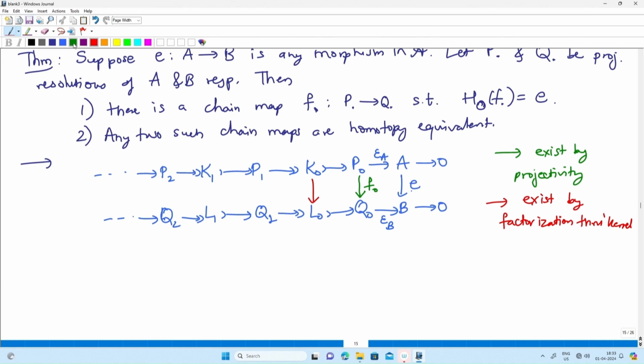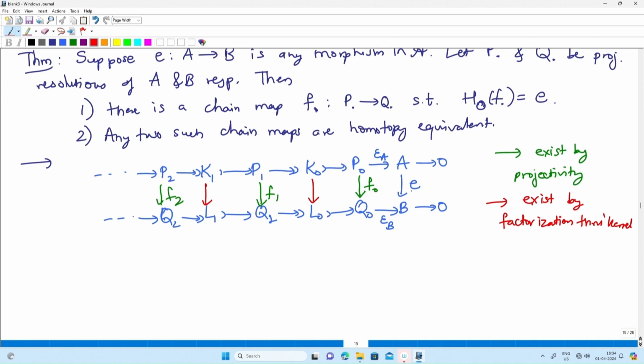Okay, then we continue doing this, we will get a further map. Now this is exactly the same situation. You can think of this K0 to L0 as new map E. And then repeat the argument, you will get F1 here, you will get F2 here, and you will get some maps in between. And the process will continue. So you can always do this lifting.